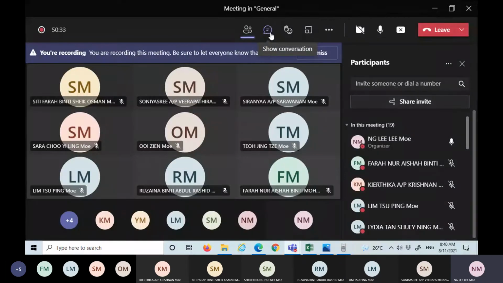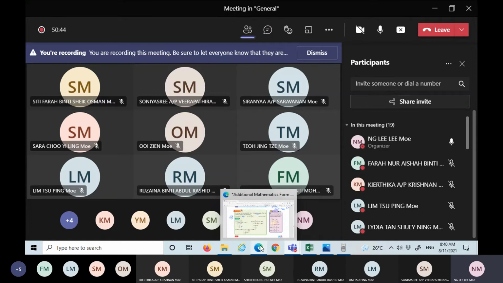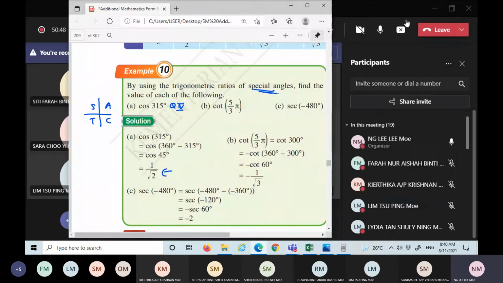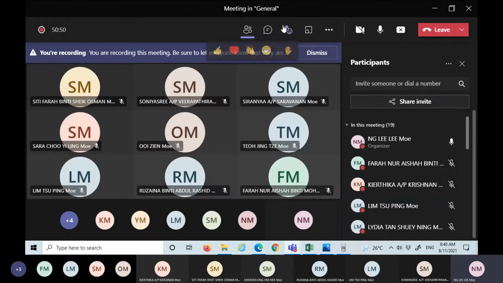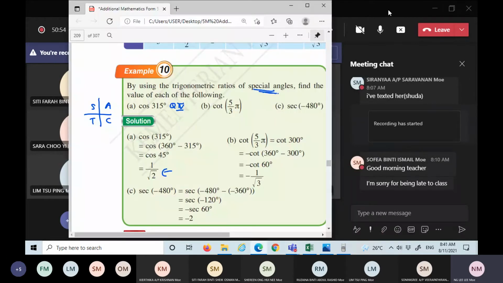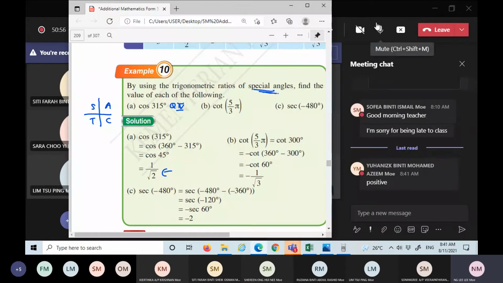My question is, cos in the fourth quadrant is positive or negative? Okay, positive, thank you. So all science teacher crazy, so it's positive. Put a remark here.